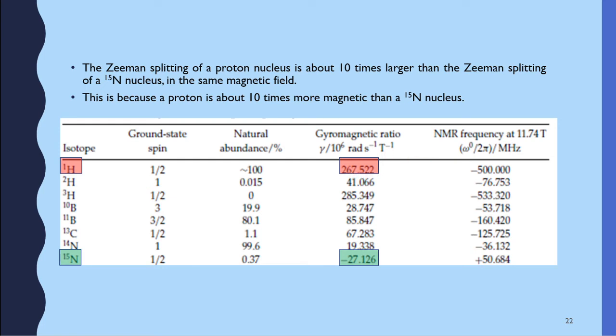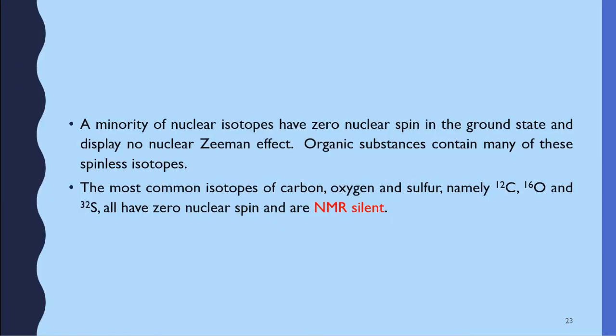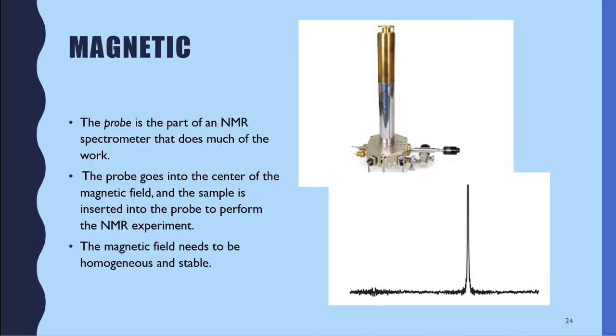So something for you to think about is that you can actually gauge the equation for this energy splitting based on this. All right, so we've seen that the table has different values of nuclear spin, but some have zero nuclear spin, and so they are NMR silent or NMR inactive.